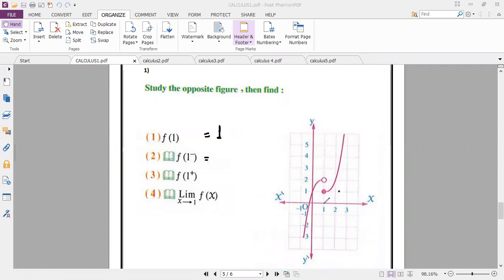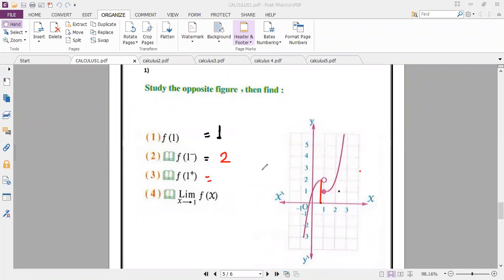It means a value less than 1, just a little bit less than 1. Go up here, you will hit the curve at 2. So the limit from the left is 2, okay?